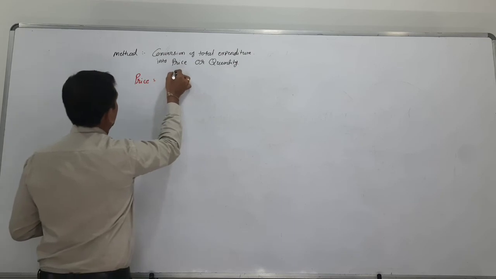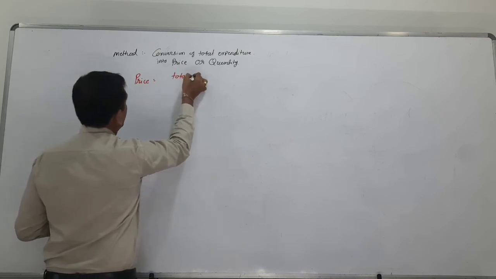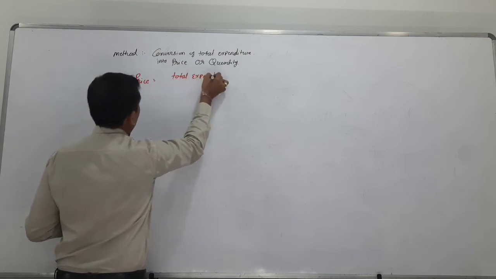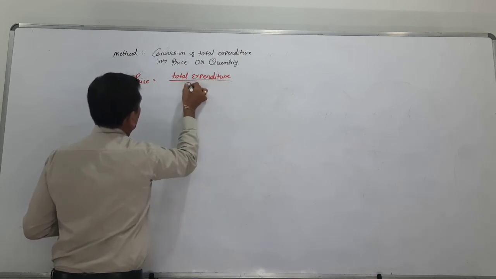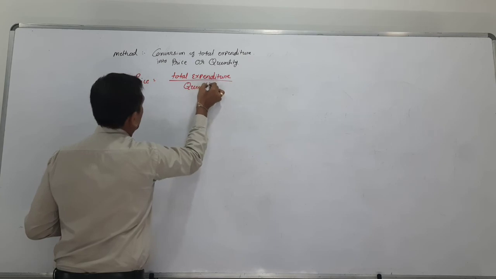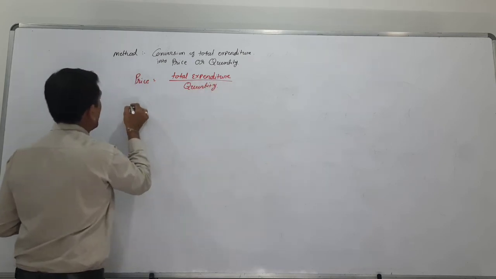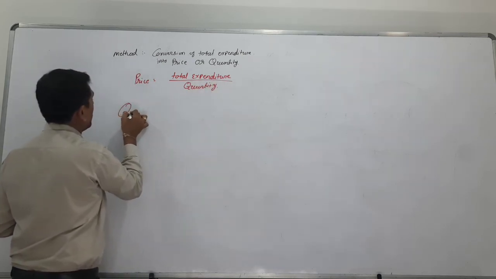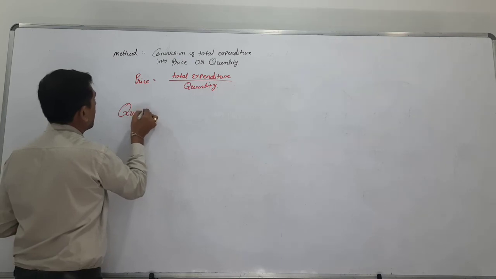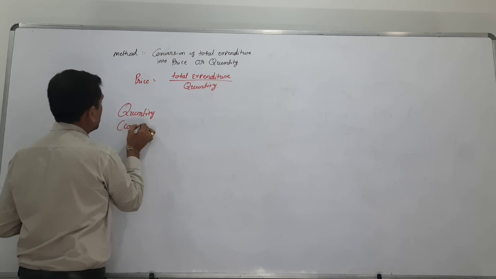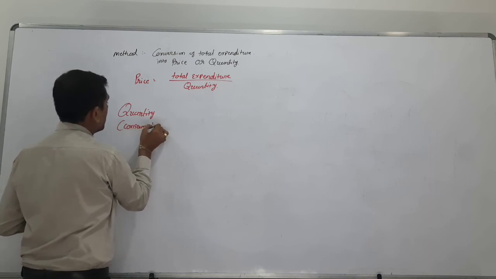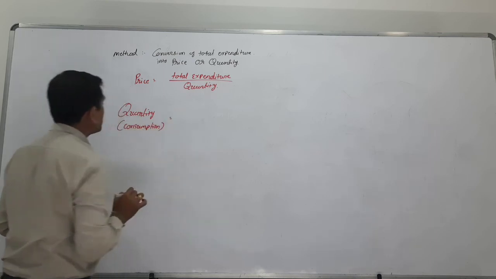Okay, so I am writing here for price. What is the formula? Total expenditure divided by quantity. And whenever quantity is not given, or you can say consumption, the next word for quantity is consumption.